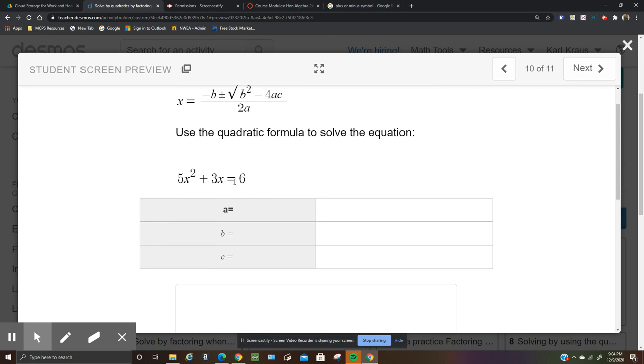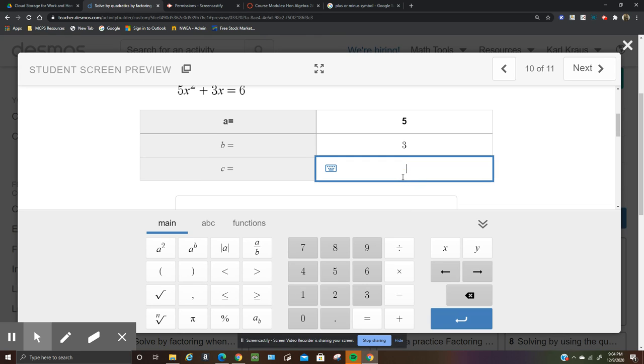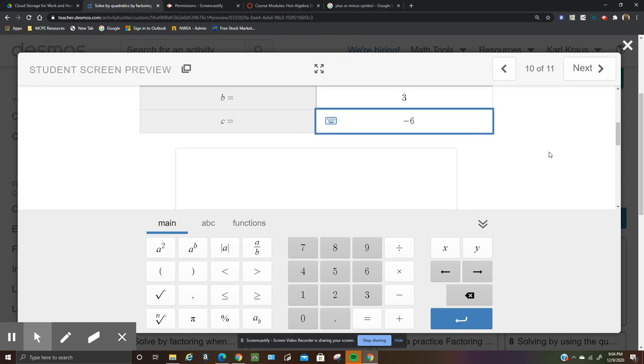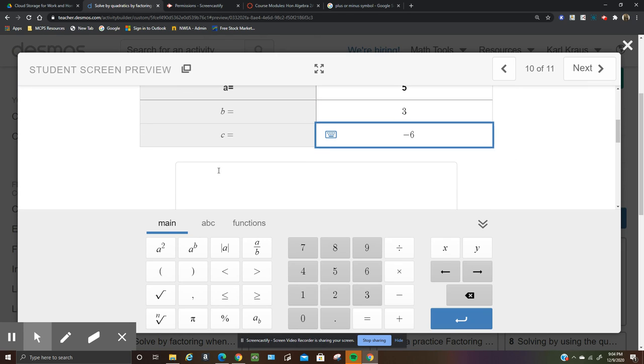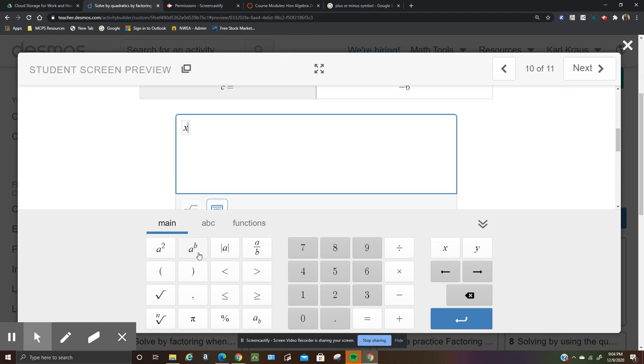All right, this one you'd have to subtract 6 from both sides. So a is 5, b is 3, c is negative 6. And I'm just going to start with the parentheses so I don't have to put them in later.